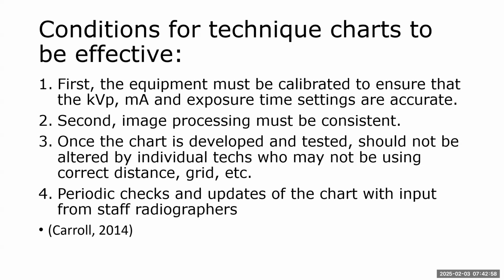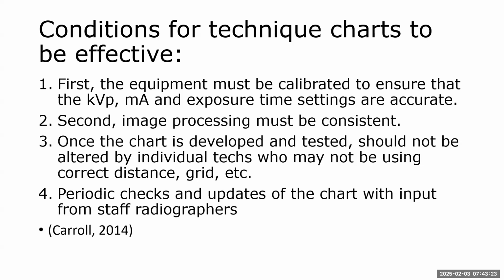So if you see a pattern developing where you are at 40 inches and you're doing everything like the technique chart says, you're using the correct grid or not using a grid, the distance or whatever, and it's consistently coming up wrong, then you need to report it to either your supervisor or whoever's taking care of that.